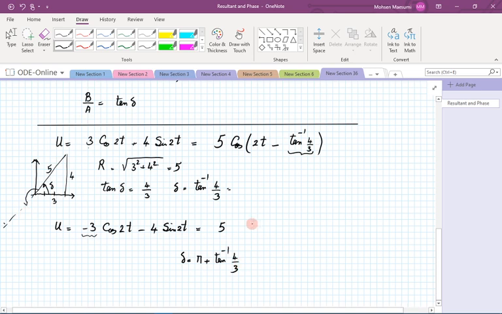So our u becomes 5 cosine of 2t minus, now this, pi plus tangent inverse of 4/3. Of course, when I write this thing, I am implying that everything is going to be in radians now, because I'm using pi. If I was using 180, it would be degrees.